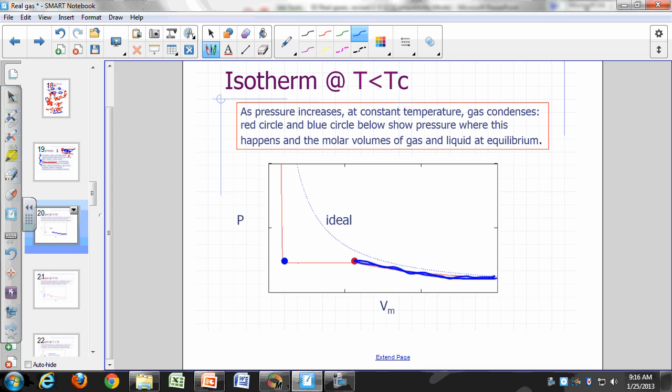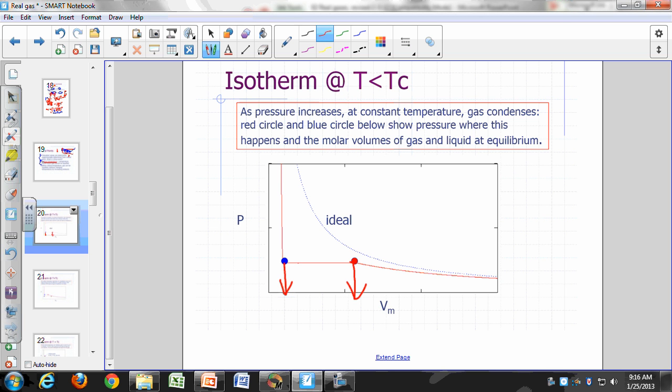Eventually, it reaches a point where further squeezing will not cause the pressure to change. Instead of the pressure changing, the volume just drastically drops until everything's turned into a liquid. And then it takes a very large amount of pressure just to get a small change in the volume of the liquid. Okay, so this point right here is the molar volume of the gas, and this point right here is the molar volume of the liquid.